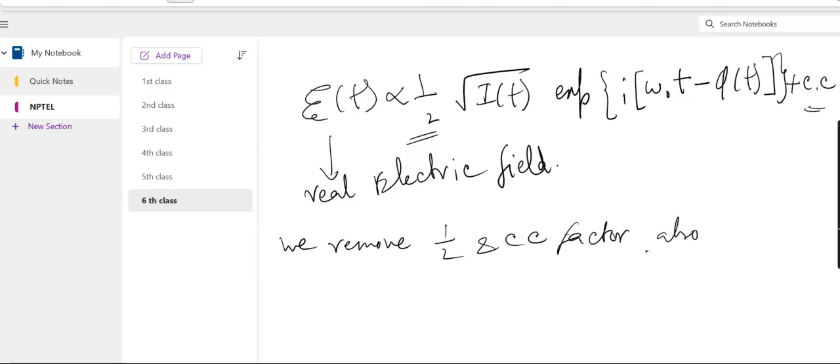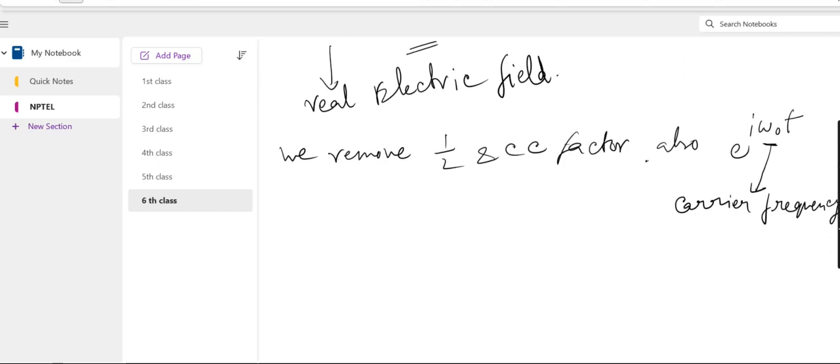And also e to the power i omega naught t, we drop that. That omega naught is the carrier frequency. The professor has already discussed in the classes why it is called the carrier frequency, why del phi by del t is not called the carrier frequency, and so on, and when del phi by del t will be called the carrier frequency.